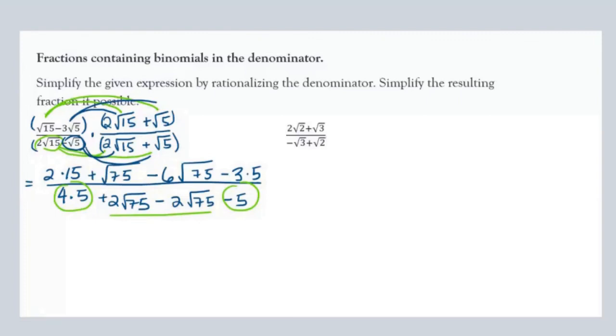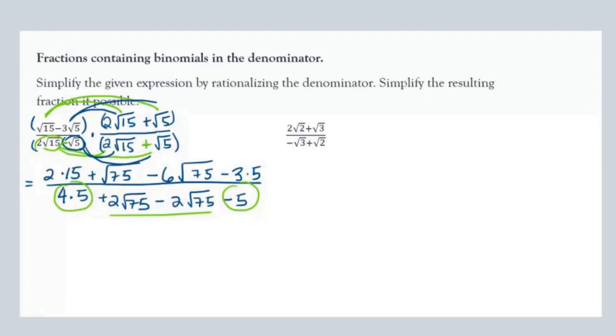This happens because we used conjugates, because we changed the sign so that we multiplied by 2 root 15 plus root 5, where there was initially a negative sign in our question. As long as we change that sign, we're always going to have this situation where the first and the last term eliminate the radicals, and we will have some values left. And the middle terms will cancel each other out.